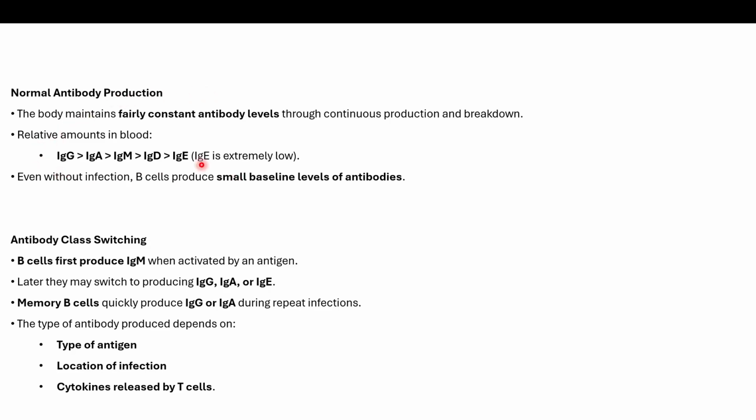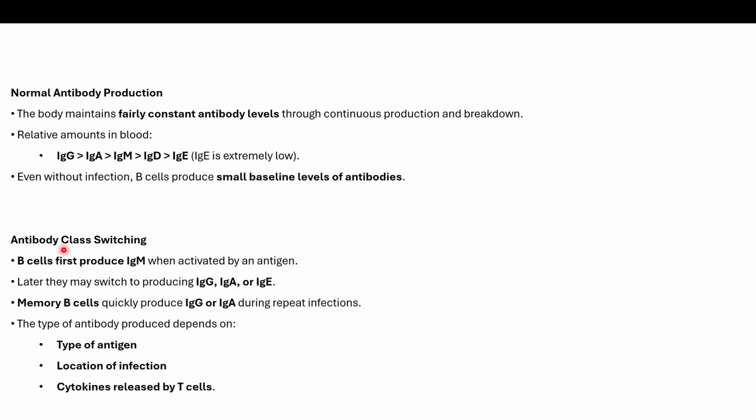If we talk about the five immunoglobulin classes and their relative amounts in blood, IgG is present in the maximum amount, followed by IgA, then comes IgM and IgD, and IgE is actually present in very low quantities. Even without infection, B cells produce a small baseline level of antibodies.